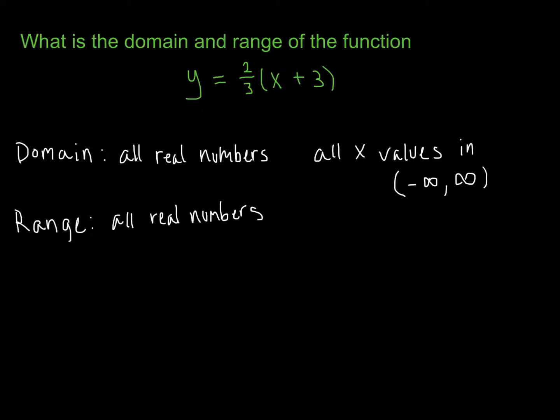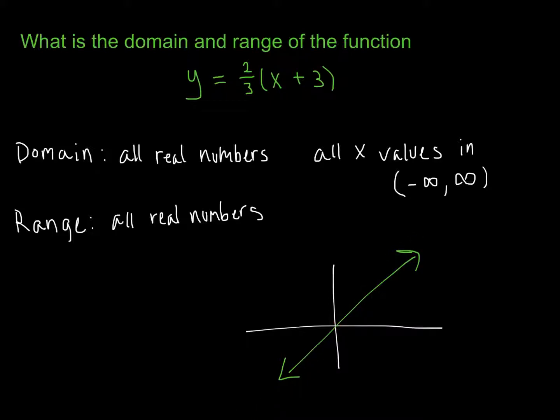And the same thing is true for the range, right? So now that we know the domain, all the possible x values, what are all the possible outputs? And here, sometimes it's helpful to just think of a sketch of the graph. I'm not going to bother about being super correct about it. I know it's a straight line. So think about all the possible y values that you could have for any point. Well, your line will go on forever and ever.